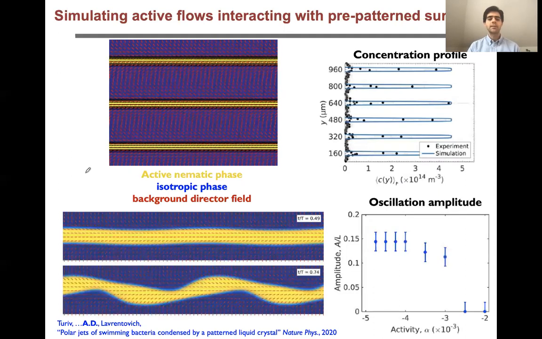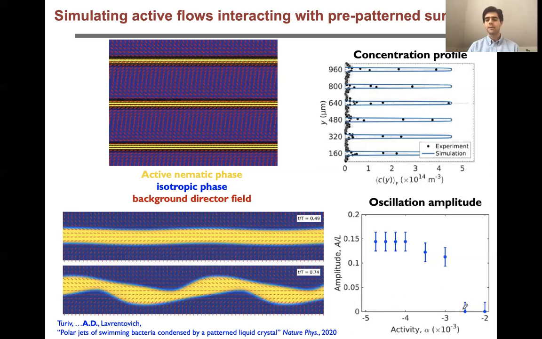And more importantly, we can capture the instability and the amplitude of these oscillations, and can see that they cannot grow over the amplitude that is set by the bend patterns in the system. As you increase the activity, initially you have no instability, you would have a perfect jet.